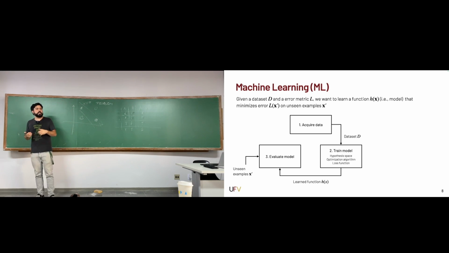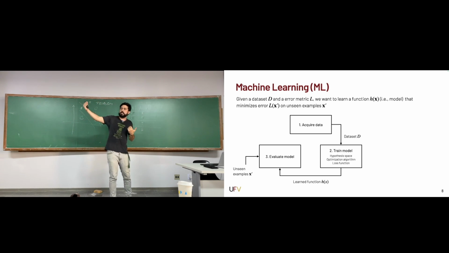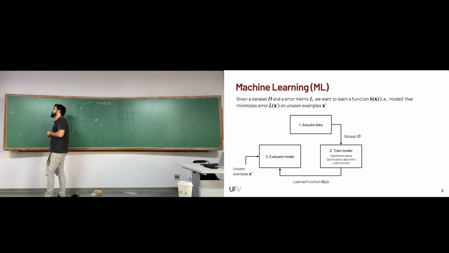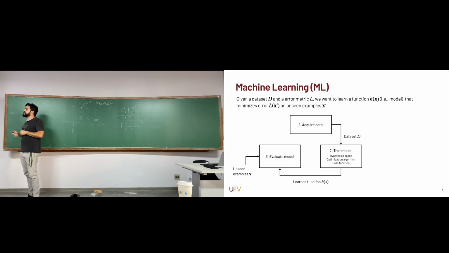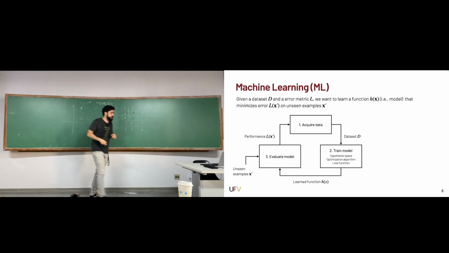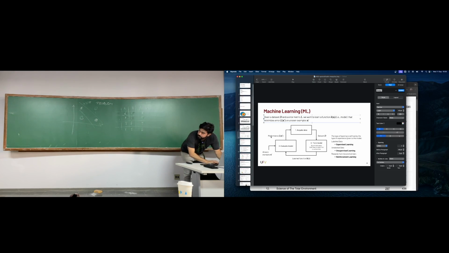So by learning, I mean I want to use my experience to generalize to future experiences. That's why we always evaluate our models on unseen examples. I'm calling them x prime here. And then when you evaluate, you get a performance L of x. So just to be consistent, I'm going to change this to error.